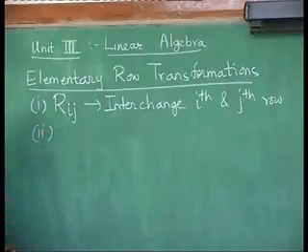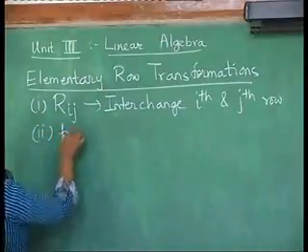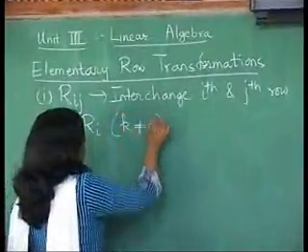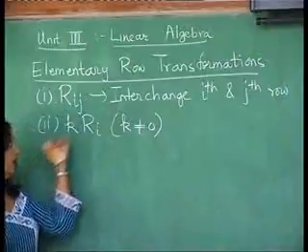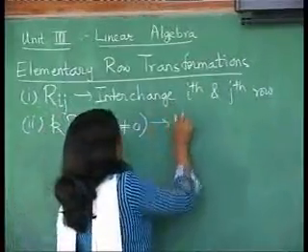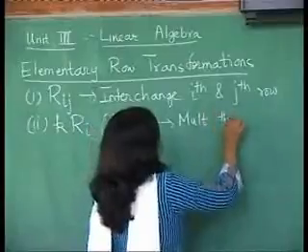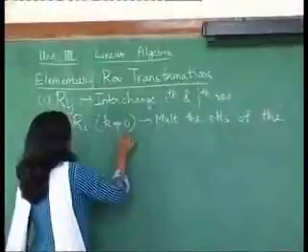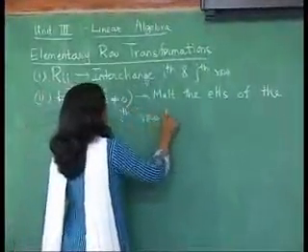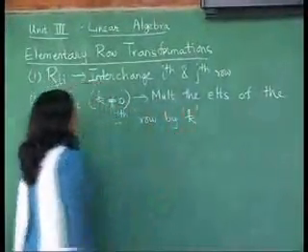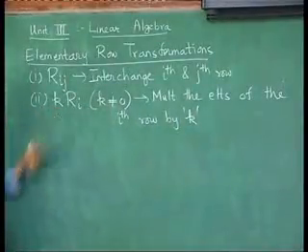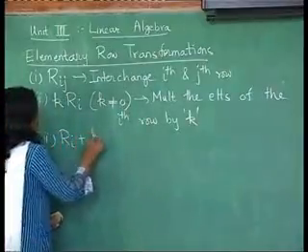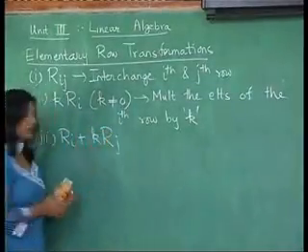The next transformation that we are allowed to perform is K times Ri, where of course K is not equal to 0. K is a non-zero scalar. Here we are multiplying the elements of the ith row by the scalar k. This is the second type of row transformation, and the third is Ri plus k times Rj.